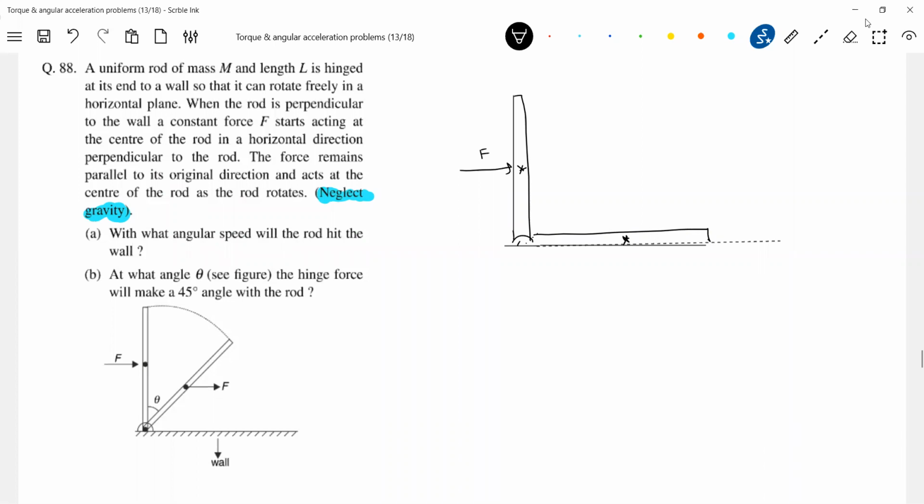Even when it is in this position, the force F will be acting horizontally. And the center of mass will descend, no? Look at the trajectory of the center of mass. This will be the trajectory of the center of mass here. Yeah, fine.